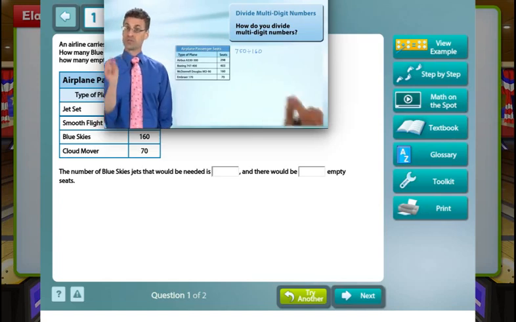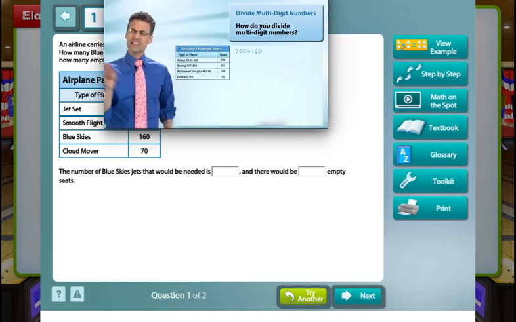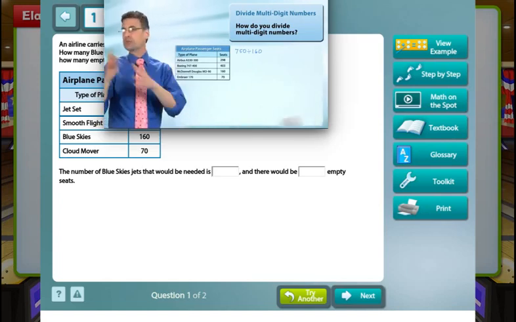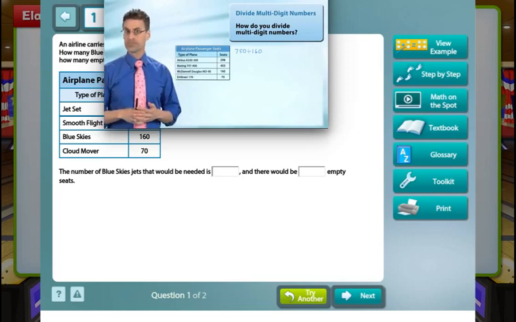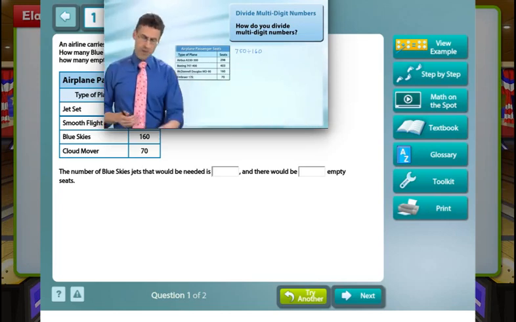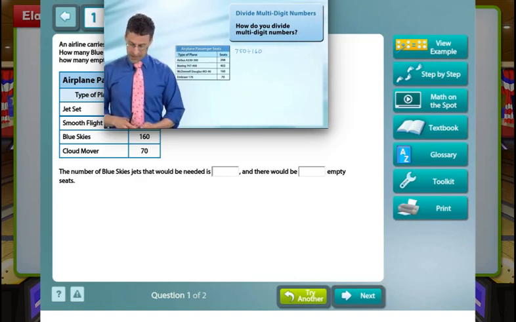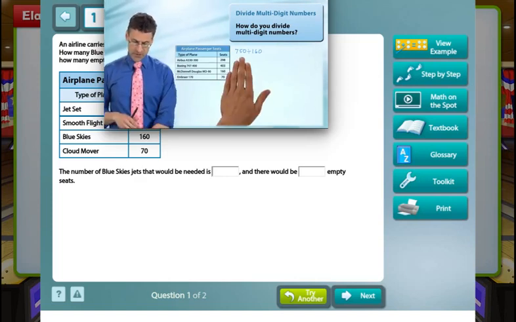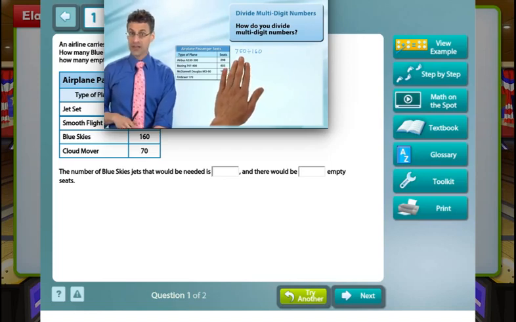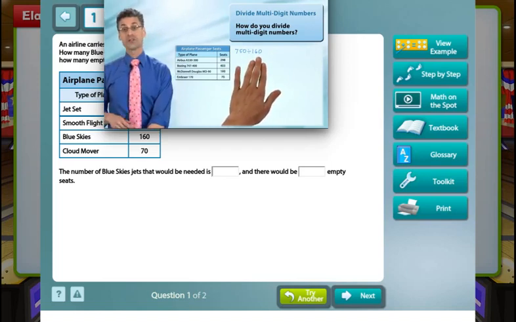Before we perform this division, we can estimate to get a rough sense of how many planes we might need. How would we do that? One way is to find a compatible number. Let's find a number that's compatible to 750 that's near 160.